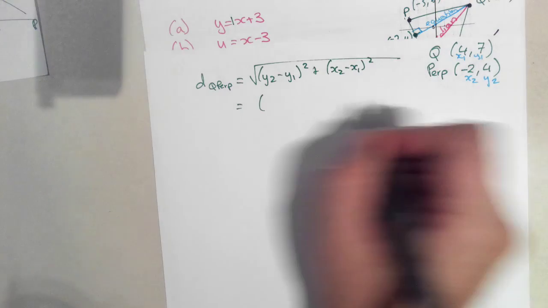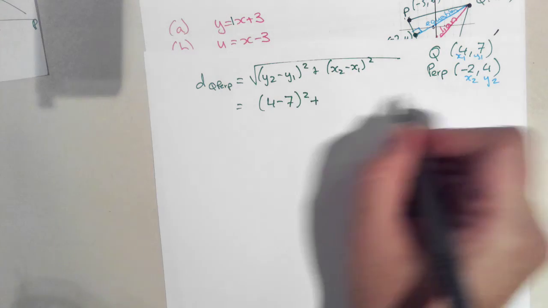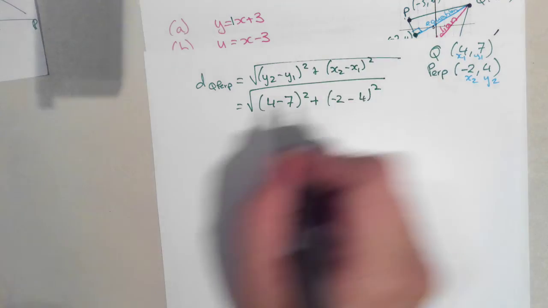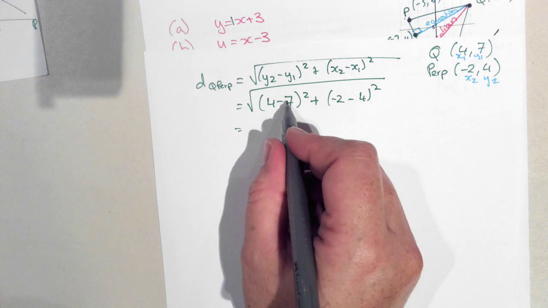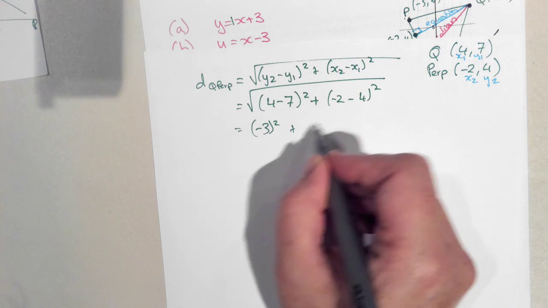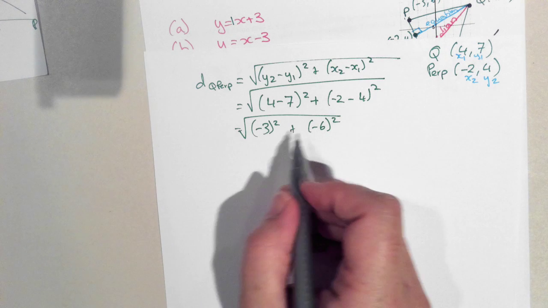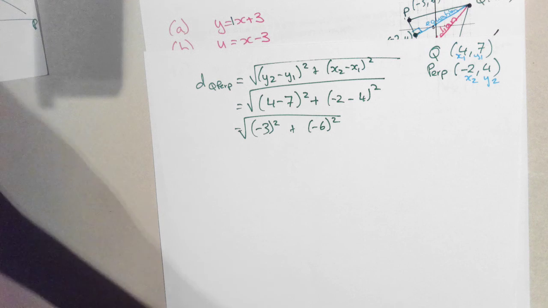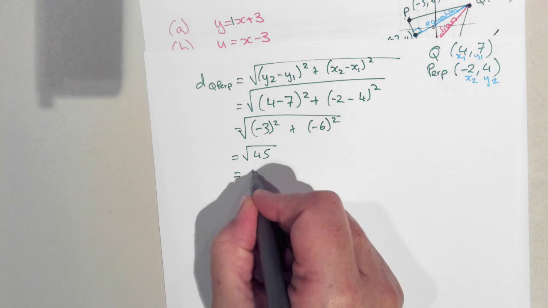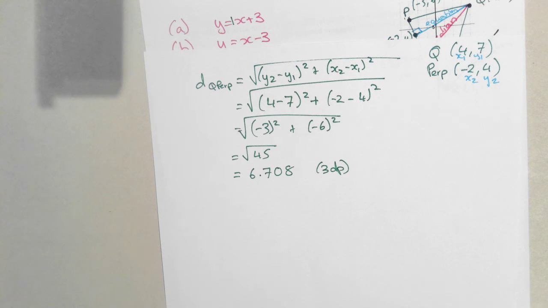Okay, y2 is 4, take away y1, 7, squared, plus x2 is -2, take away x1 is 4, squared, and I want the square root of all of that. 4 take away 7 is -3, -2 take away 4 is -6, so the square root of -3 squared plus -6 squared is going to give me the square root of 45, which is 6.708 to 3 decimal places.